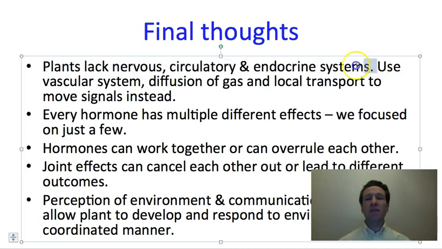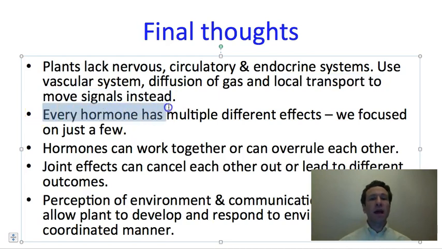However, plants do have some systems they can use, especially the vascular system, sometimes the xylem and sometimes the phloem. And then in the one case of ethylene, we saw that diffusion of gas is actually used to move a signal around. There's other cases where the vascular system is not used, and instead a hormone gets sent pretty locally from cell to cell, let's say within a leaf or within a very small part of a root or a shoot.